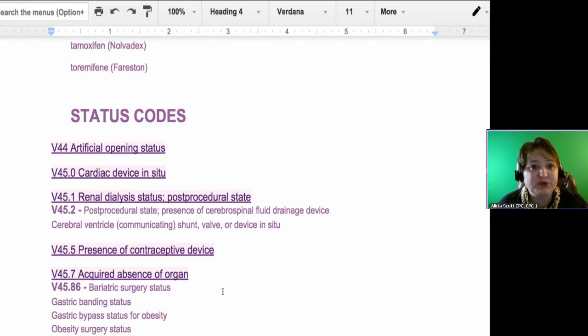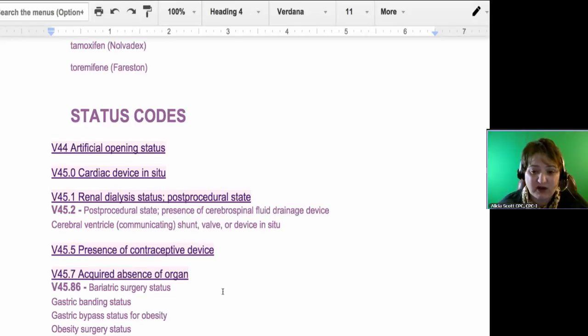V45.2, post-procedural status, and that was one which I added because a lot of people don't think of this: presence of a cerebrospinal fluid drainage device, a shunt, a valve, or device in situ.